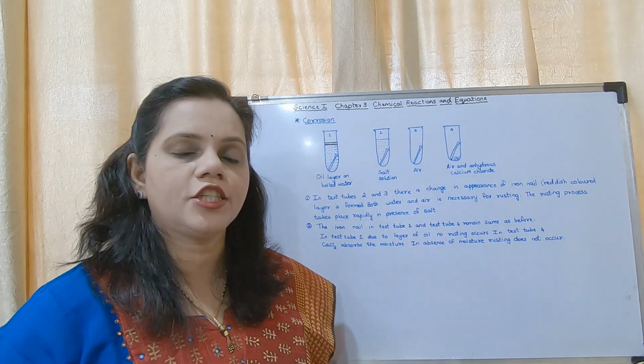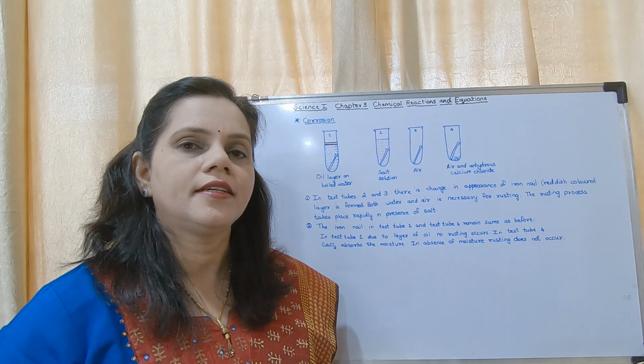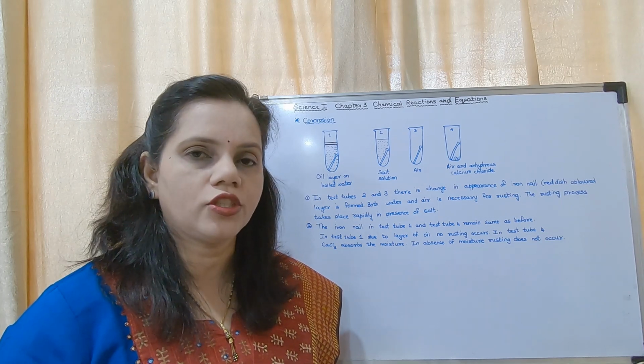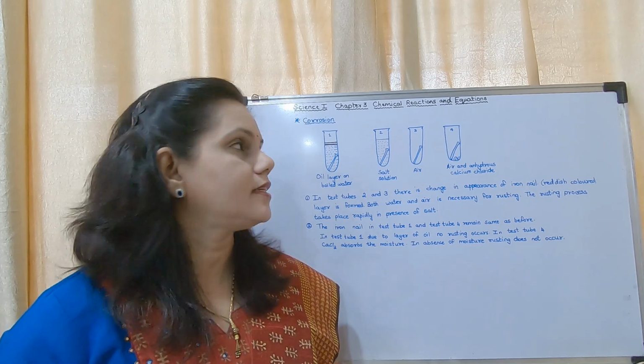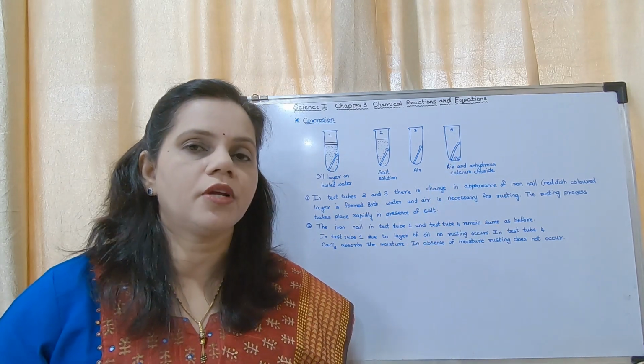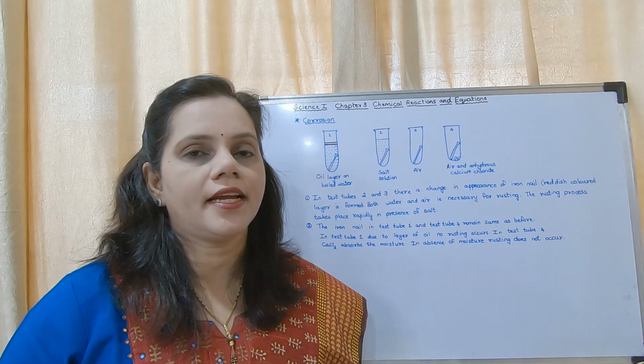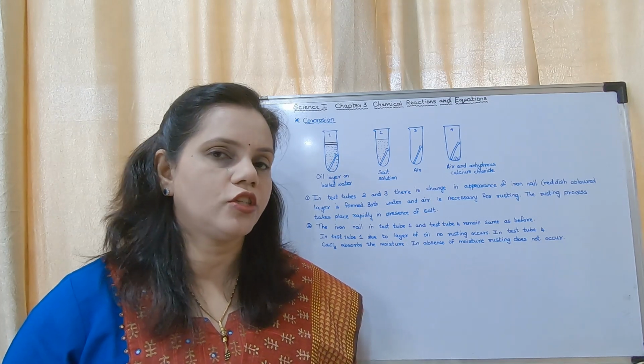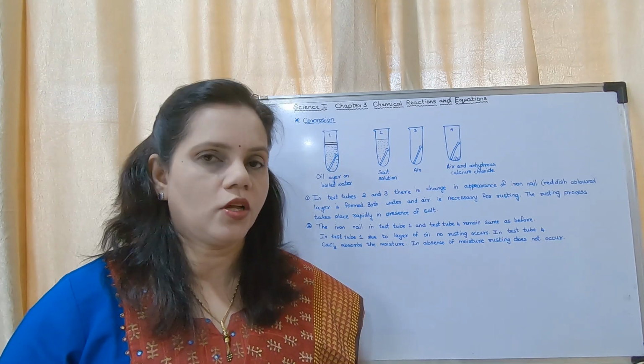In the third test tube they have taken a nail, there is no other solution in it but there is air in it. In the fourth case, air and anhydrous calcium chloride. There is no solution in the fourth test tube also.